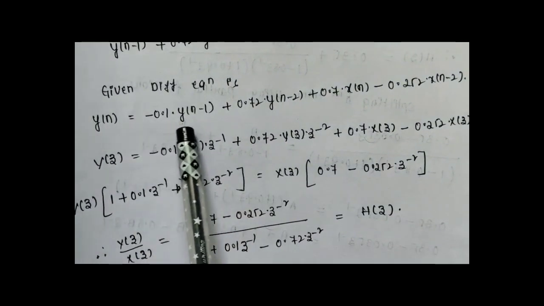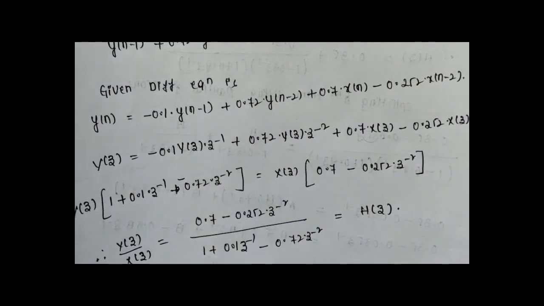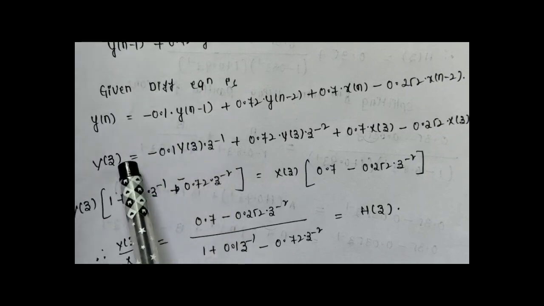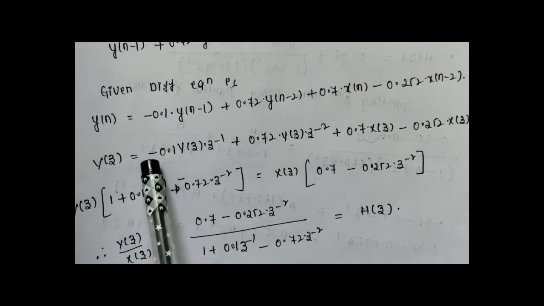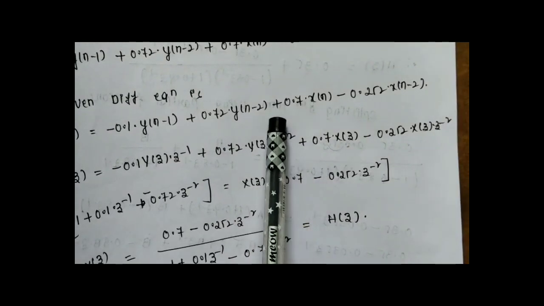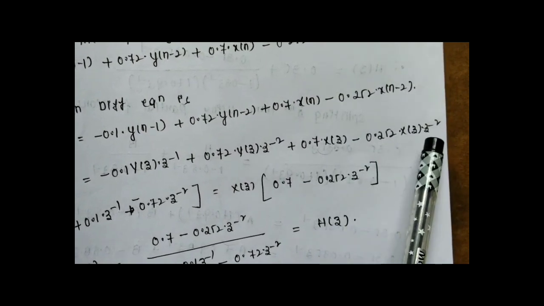The first target is writing the given difference equation in terms of H of z. For doing that, I am applying the z transforms here. Y of z minus 0.1 into Y of z into z power minus 1, since the z transform of y of n minus 1 is Y of z into z power minus 1, plus 0.72 into Y of z into z power minus 2 for y of n minus 2. Similarly, 0.7 into X of z minus 0.252 into X of z into z power minus 2.